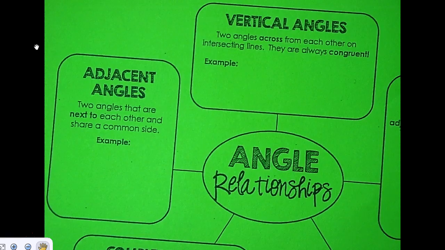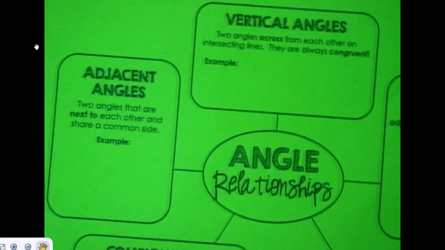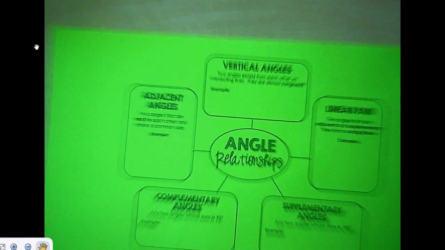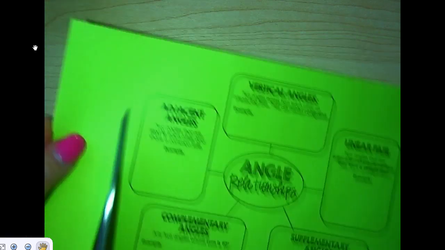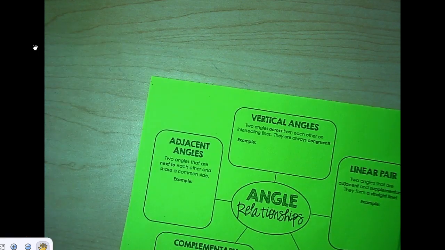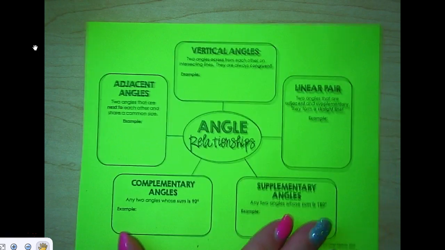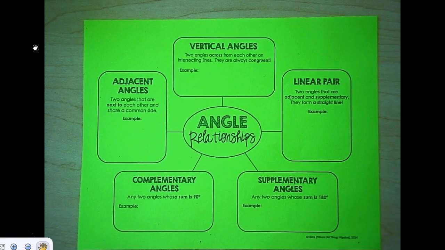We're going to go to this green paper right here. And I just want to cut off this little edge right here on mine. You don't have to, but I don't like that it's not very symmetrical on both sides.